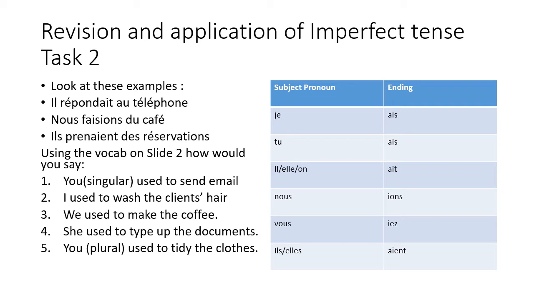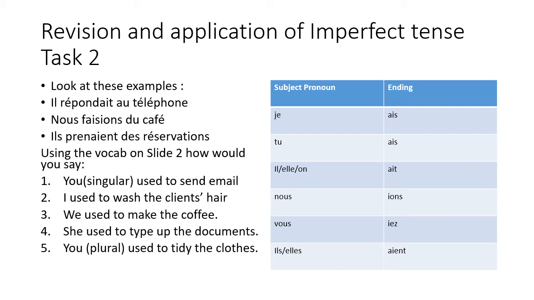So combining the vocabulary that was on the second slide and this table of endings, I want you to see if you can put these sentences into French by taking the verbs that are in the present tense on the second slide and changing them into the imperfect tense.